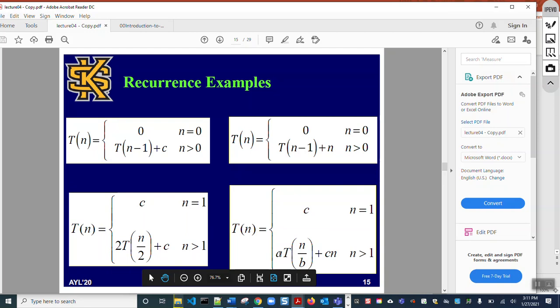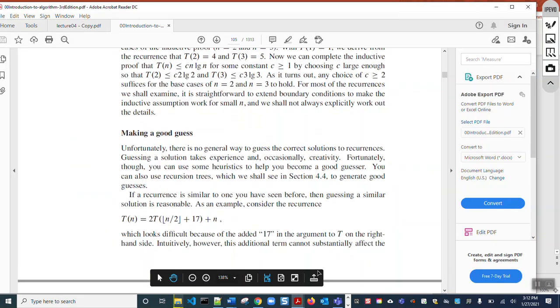Or we divide the original problem into subproblems, each of size b, and then this will be the total. These are several examples in the book. Please go to the book and you will see more detail about this.